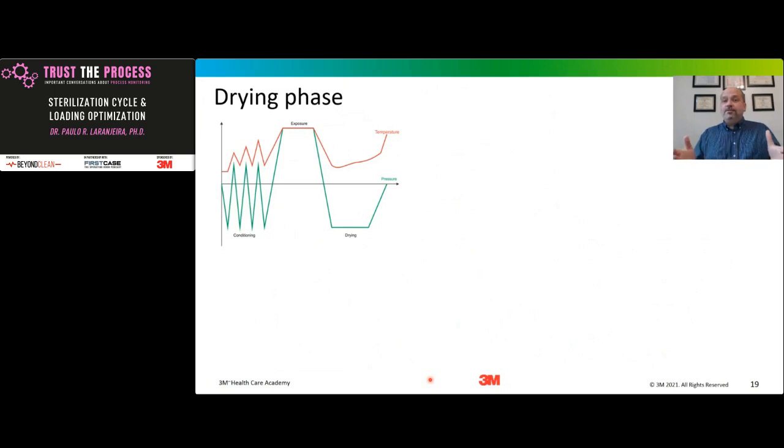Then the load is dry, and I might think the additional drying time was the solution, when actually I did not use the same load. Then all of a sudden, in the next 2 or 3 days, I see wet packs again, and that's related to the non-metallic loading. So we have to be careful when we extend the time.